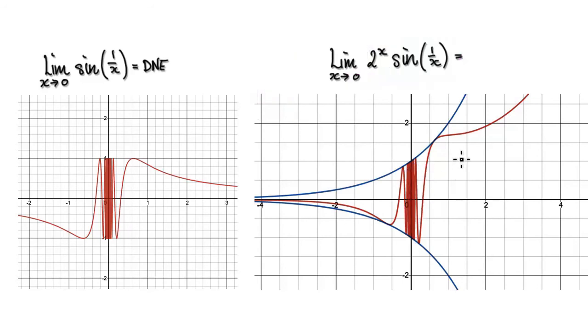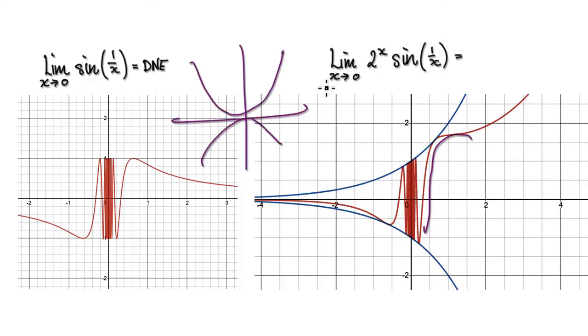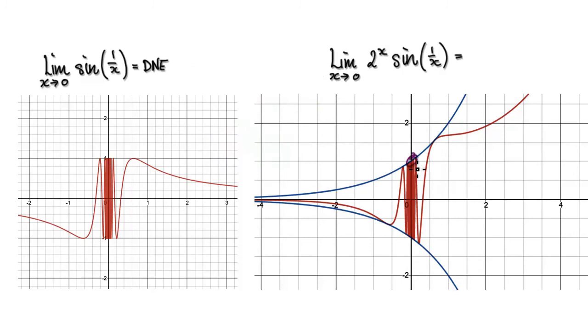It's not being funneled through one point like the x squared, through this point here. Whereas here, there's a massive gap from here to here. So we don't know where it's heading towards. So we have to say the limit here does not exist. Here the limit doesn't exist.